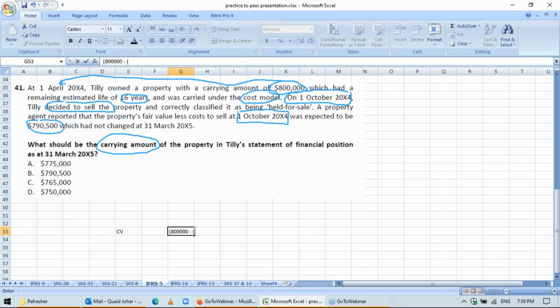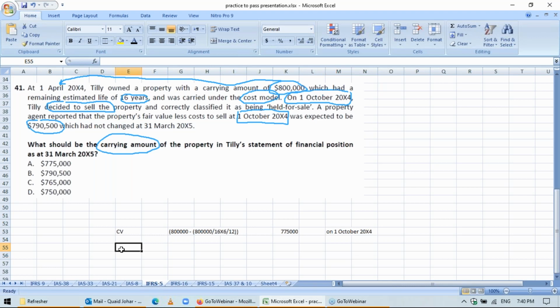So you need to charge further depreciation: 800,000 divided by the remaining life of 16 years, multiplied by 6 divided by 12. So 6 months' depreciation needs to be charged. This gives you the carrying value of 775,000 after charging depreciation, on 1st of October 20x4. This is the time since when you will stop charging depreciation, right? Because you have classified it as held for sale.